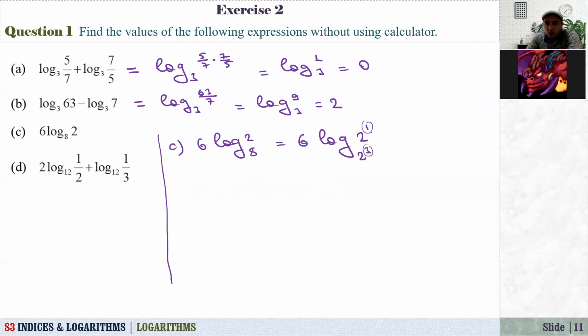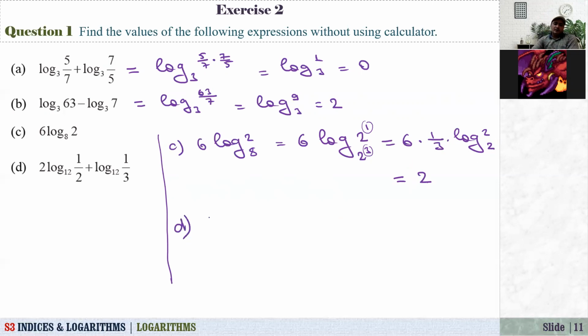They just come to the front. 1 will be in the numerator, 3 will be in the denominator. So that's equal to 6 times 1 over 3 times logarithm of 2 to the base 2, which is equal to 1. 6 times 1 over 3, that's equal to 2. So the value of the expression C is equal to 2.